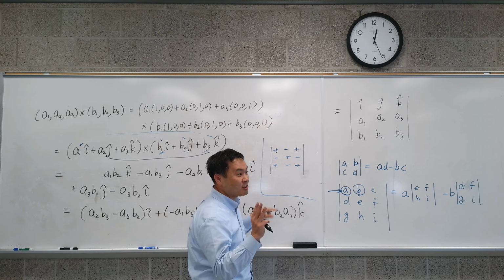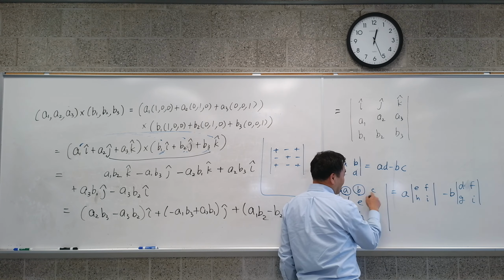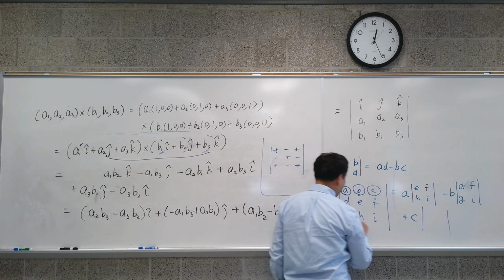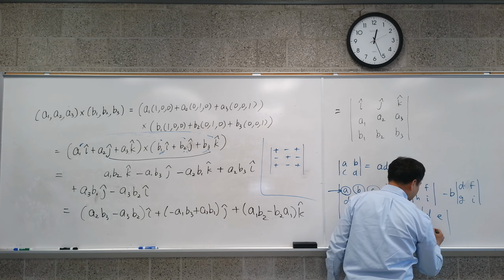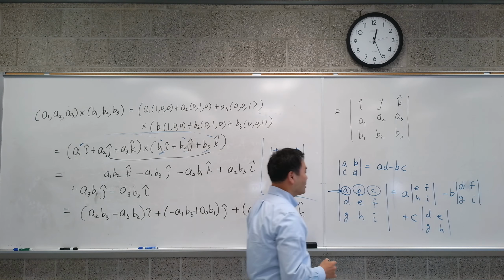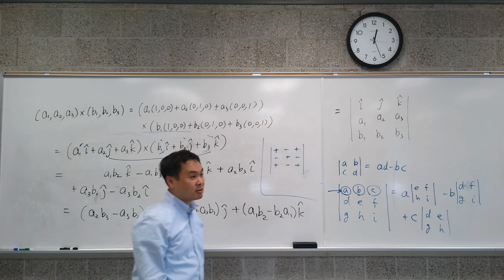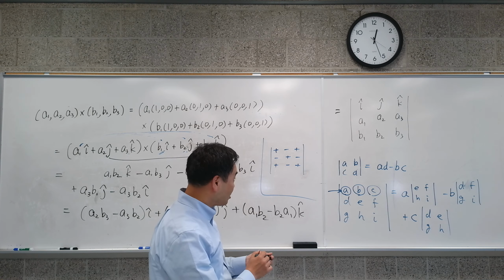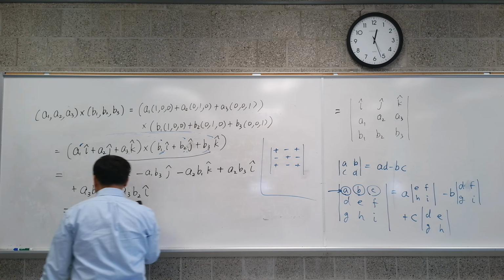So there are 3 things that you have to remember. Okay, so the last one, what is it? I have the last one as C multiplied by the minor D, E, G, H. Okay, and then it's a plus because of this checkerboard of signs. Okay, you do this, and that's how you calculate the determinant, right? Okay, so that's the explanation of the formula.